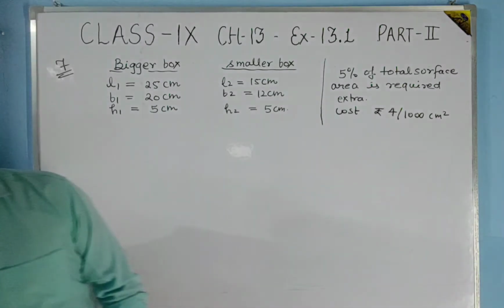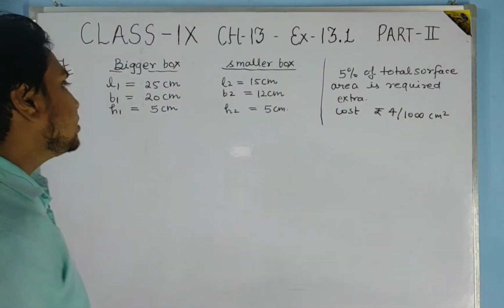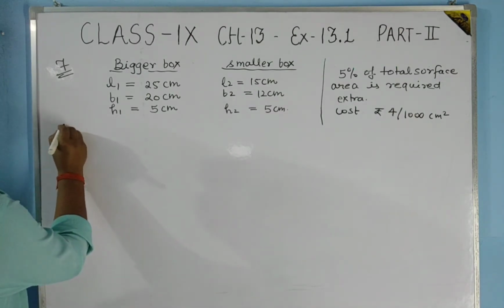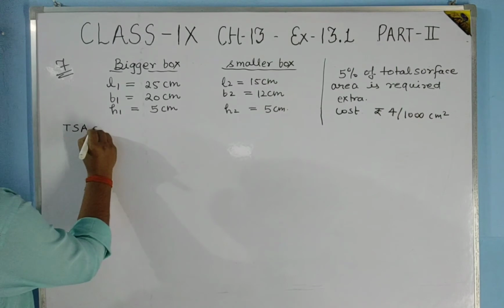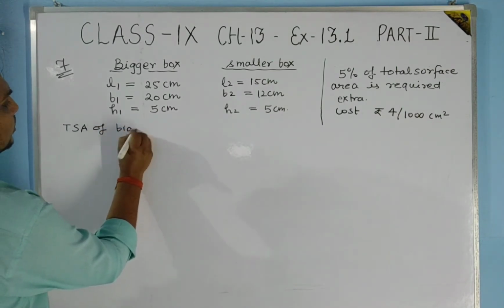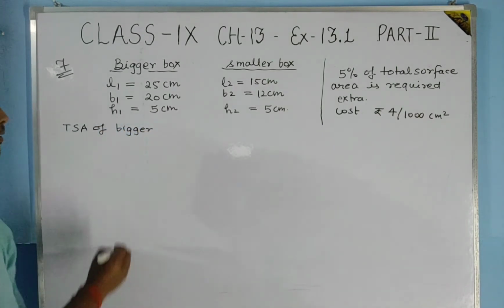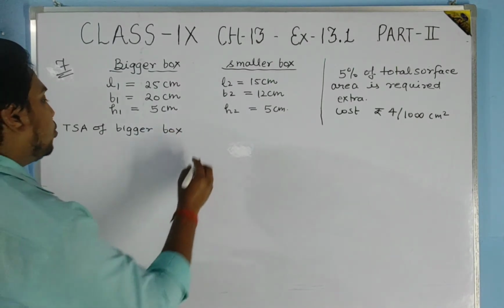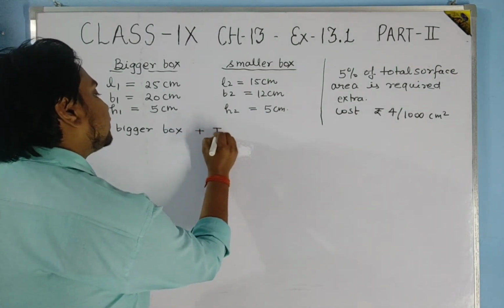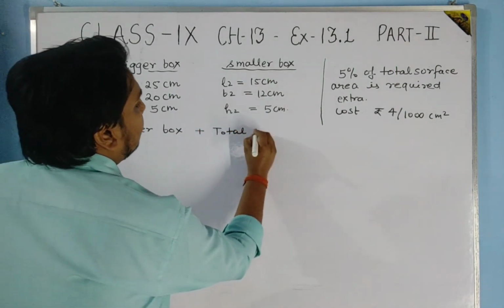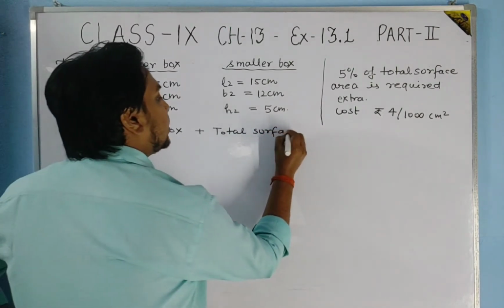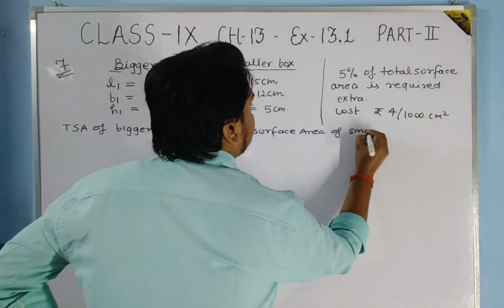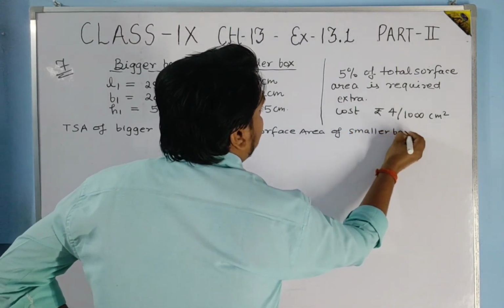So students, how will we solve the question? See what we have to do. Firstly, we have to find the total surface area of the bigger box and the total surface area of the smaller box.